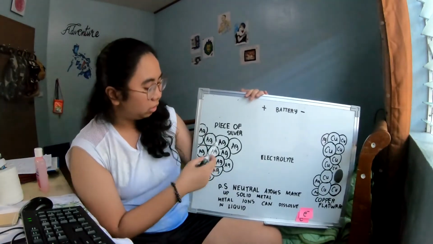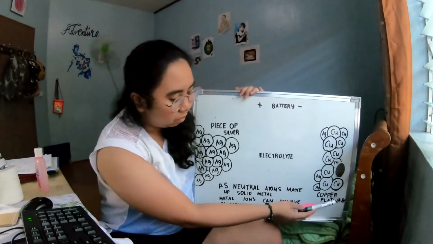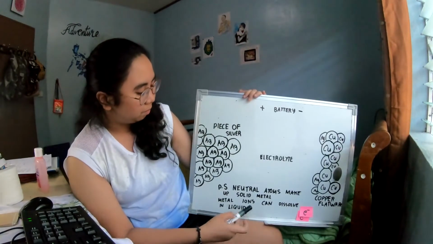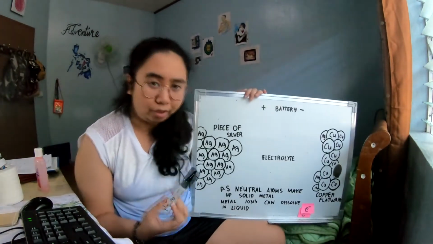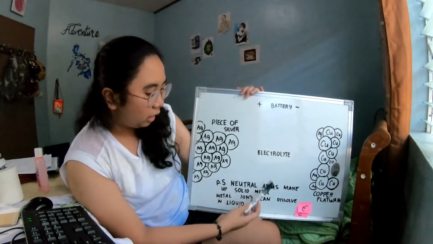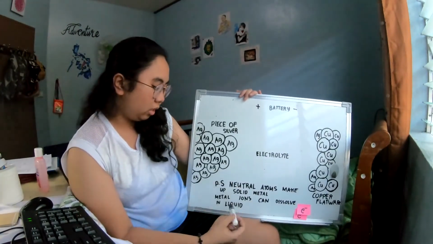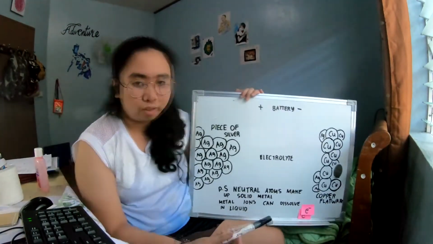Now let's focus on the piece of silver and the copper flatware. As you can see, I have written here, and this is very important, that neutral atoms make up solid metals. However, metal ions can dissolve in liquid.